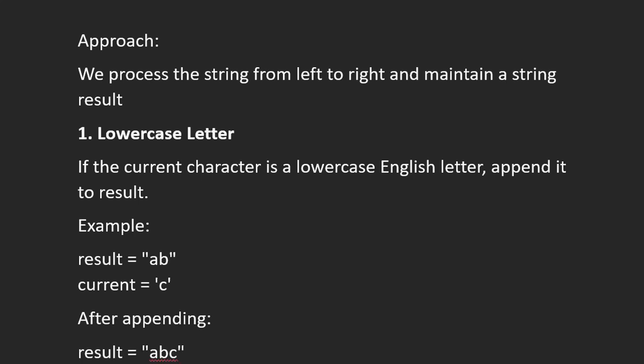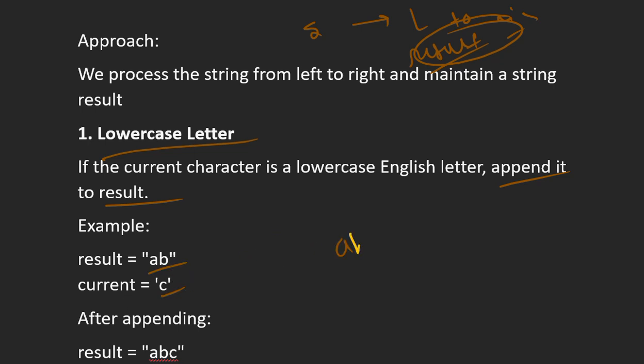Basically, we process the string s from left to right, and we maintain a result string. When we get a lowercase letter, we directly append it to the result. So if our result is ab and our current character is c, then our result will become abc, right?